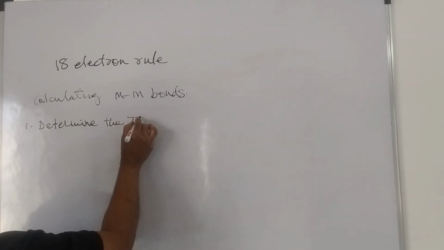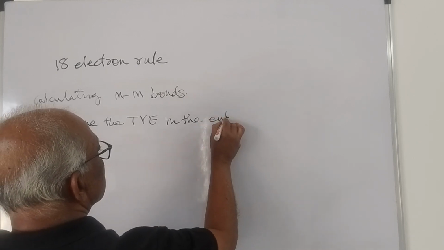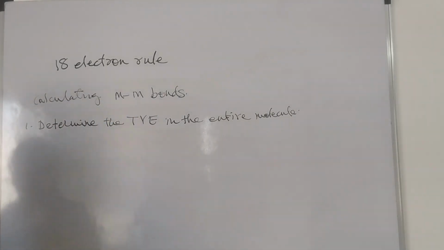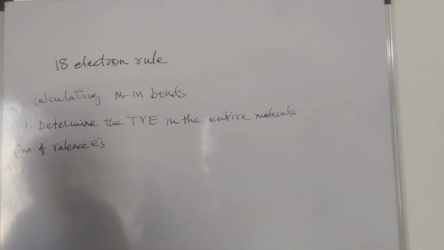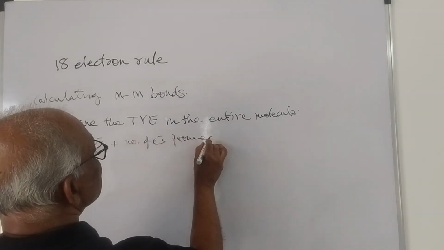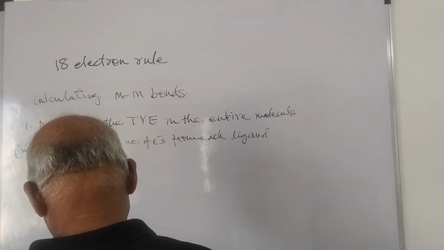This can be done by using a simple formula: number of valence electrons plus number of electrons from each ligand plus charge.